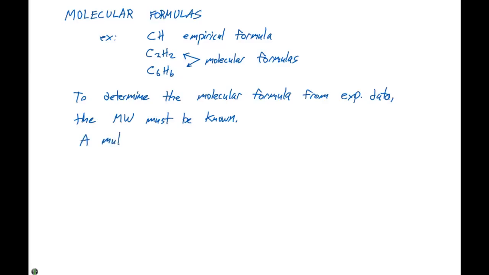A multiplying factor is then used. So our factor is going to be equal to the molecular weight divided by the empirical formula weight. And in the next video, we will do an example of how to go from experimental data, calculate the empirical formula, and then determine the molecular formula.